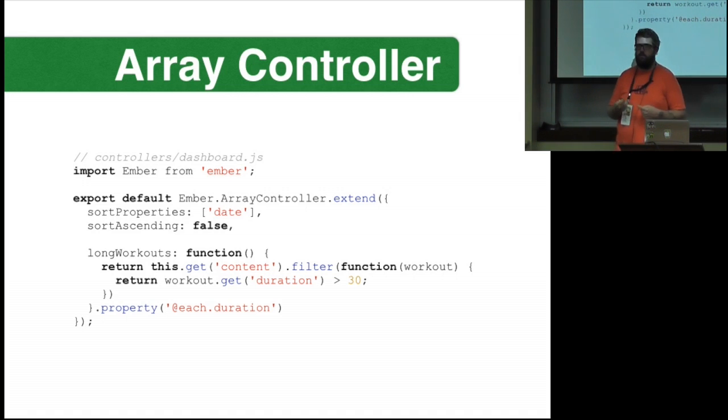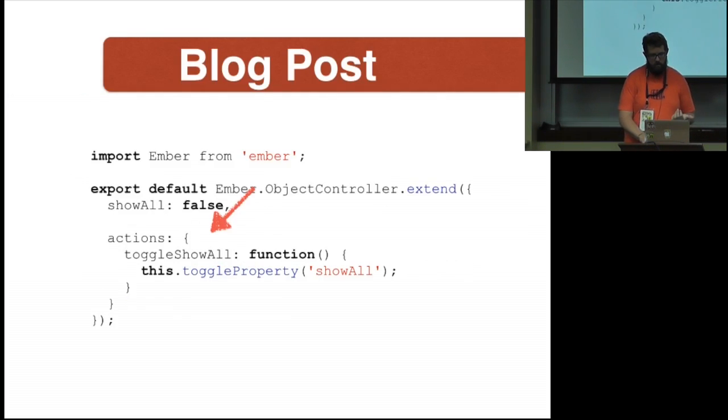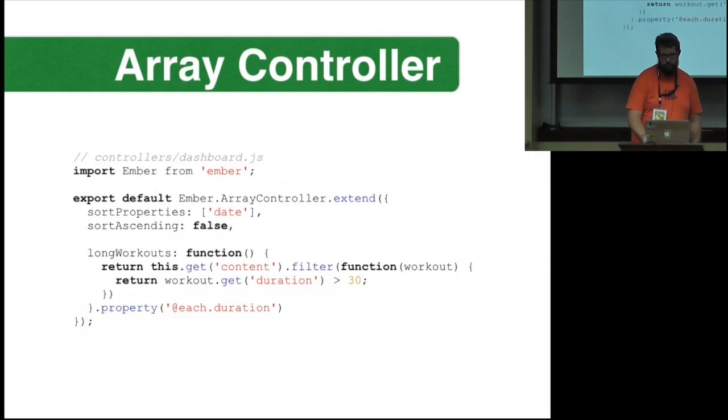This computed property is going to know that happens and update my UI accordingly. You can also use computed properties on object controllers, obviously. So the same thing, like the full name, first name, last name example, you could do that on an object controller too.